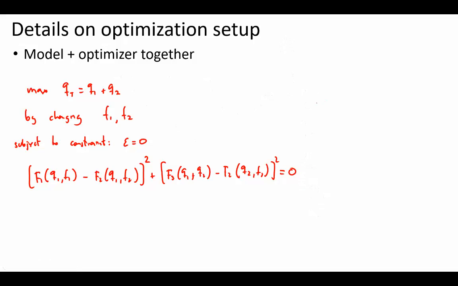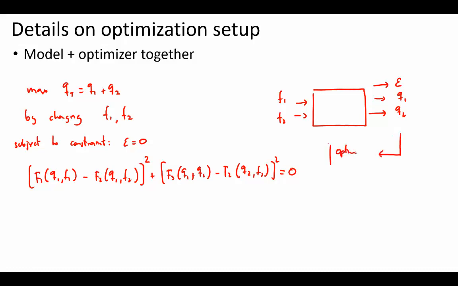We have frequency 1 going in, and I calculate Q1, Q2, and epsilon, right? And then simply have the optimizer change these two, but everything is intertwined. So it's a different way.